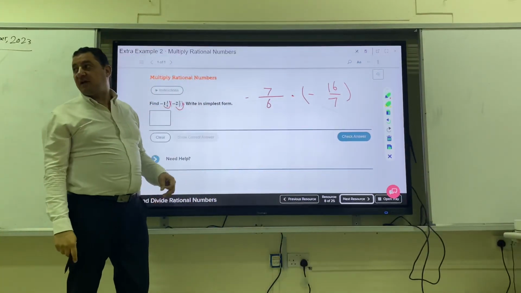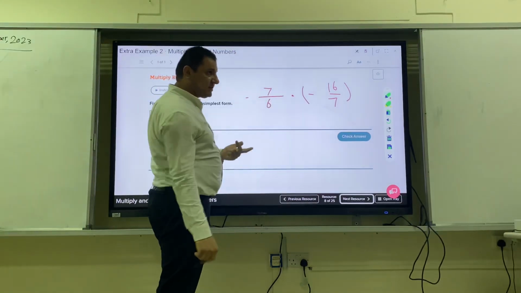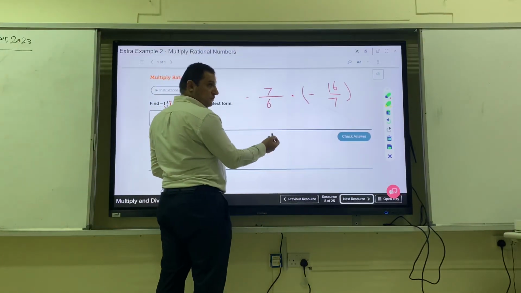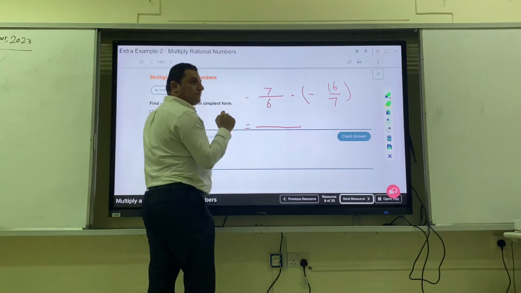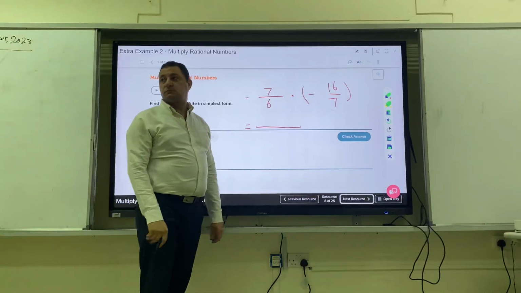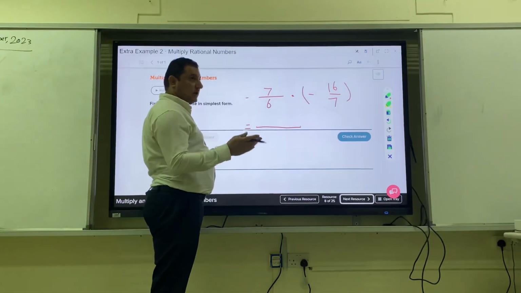The number of negatives in the multiplication expression is 2 negatives, so the answer is positive.